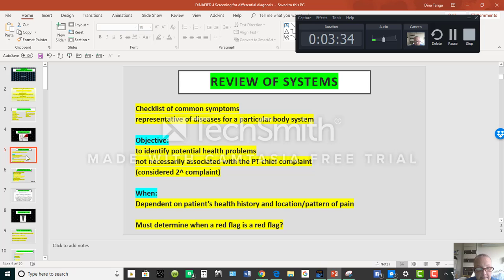The objective is to identify potential health problems, not necessarily associated with the physical therapy chief complaint. And when do we do this? It's dependent on the patient's health history and location and pattern of pain. We must determine when a red flag is really a red flag.